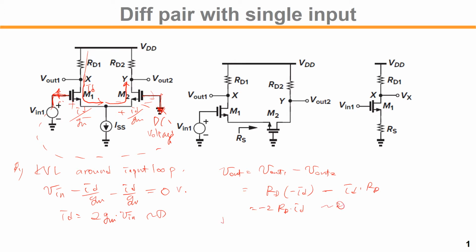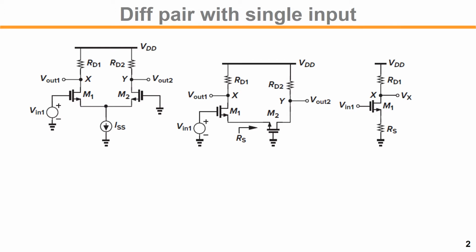So from 1 and 2, we can derive that Vout would be, I'm sorry, in the previous case it was not 2, this is 2 times, so over 2, right? So finally that would be minus gm RD times Vin.